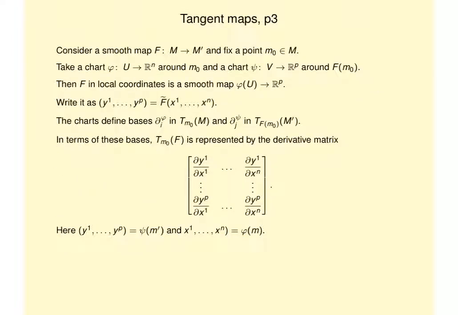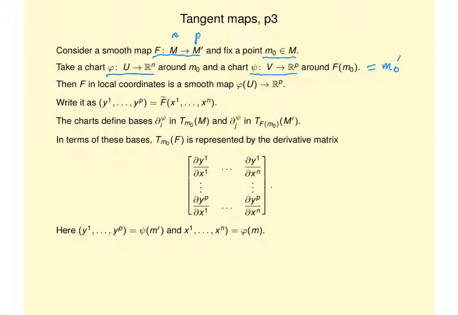Local coordinates, back to the general case of a smooth map capital F from M to M prime, and I'll take the dimension of M to be n and the dimension of M prime to be p, and fixing a point in the domain, little m0, take a chart phi around m0 and take a chart psi around f of m0, which is the thing that I called m0 prime a couple of minutes ago.